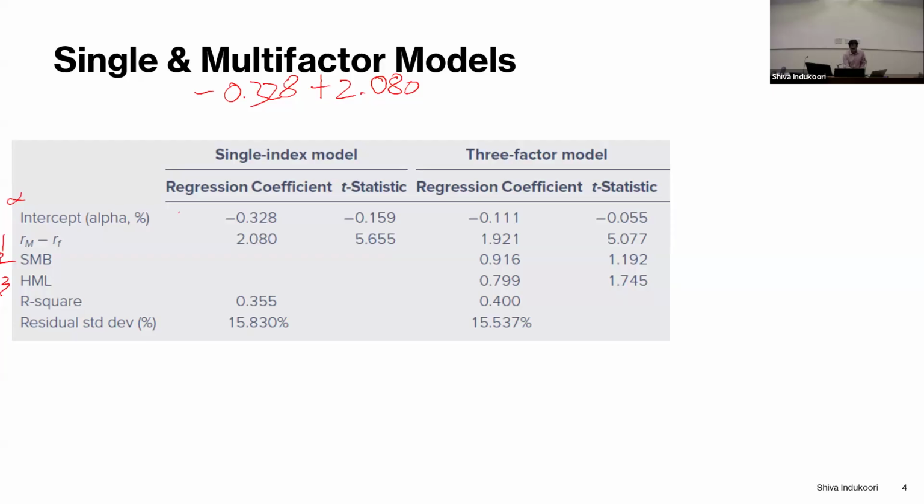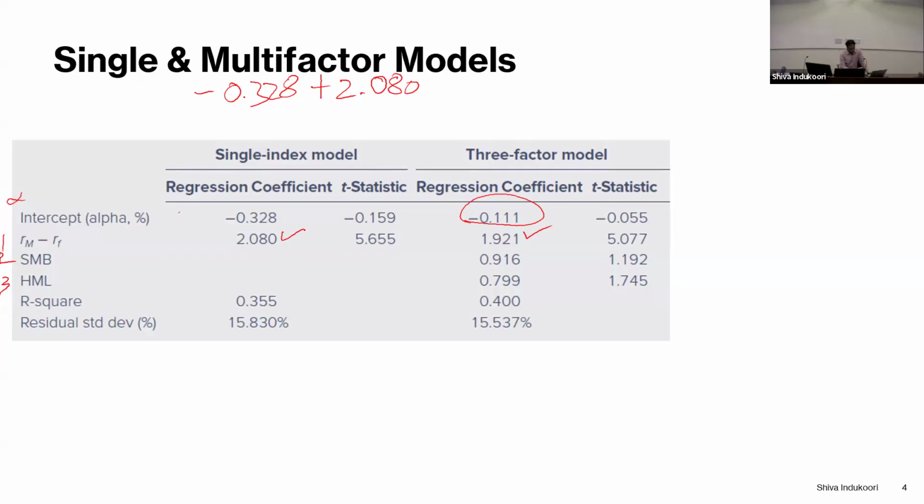If the author calculated for this also, this is the intercept, the constant, and this is the market beta, 1.921. Same data, same period. See, we got 2 plus here.